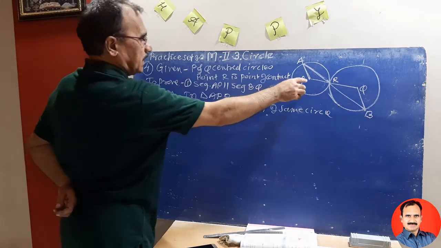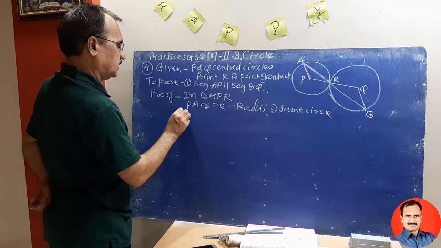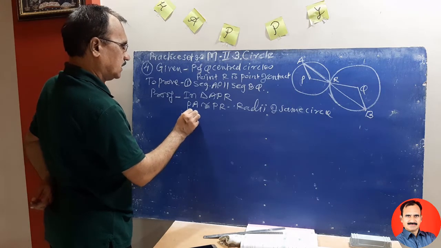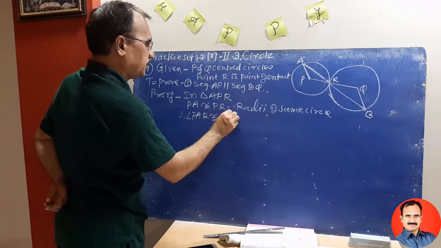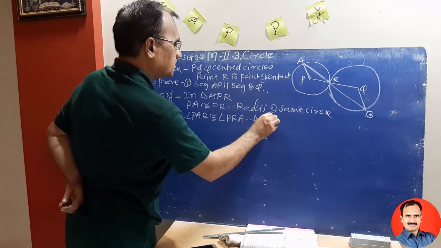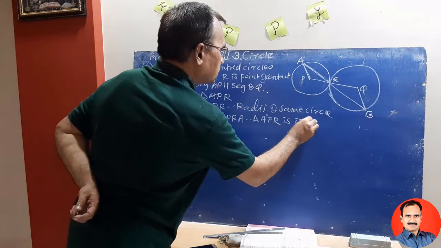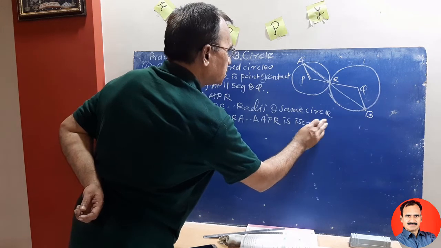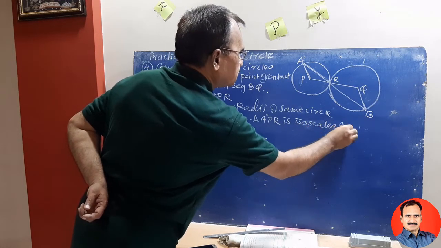Therefore, angle PAR is congruent to angle PRA because triangle APR is an isosceles triangle.